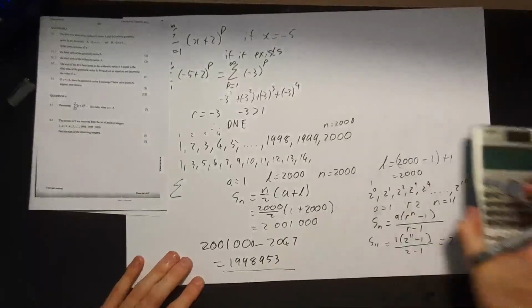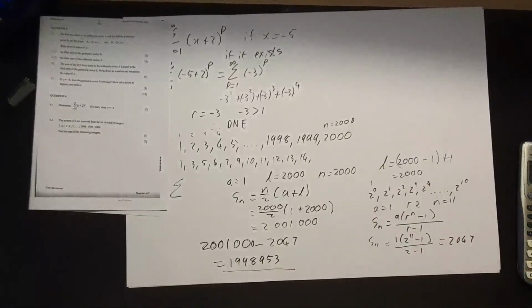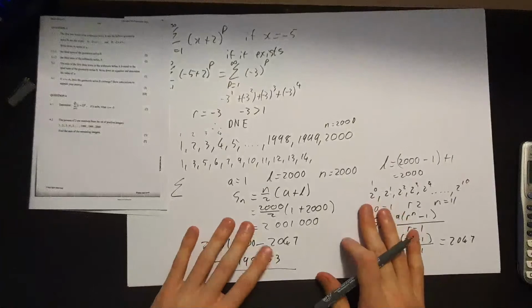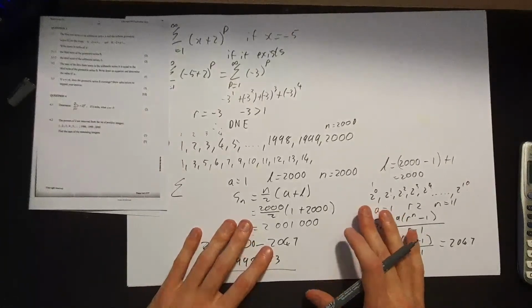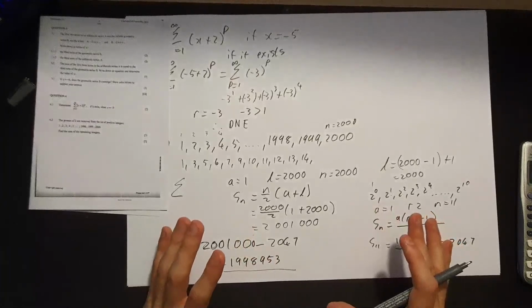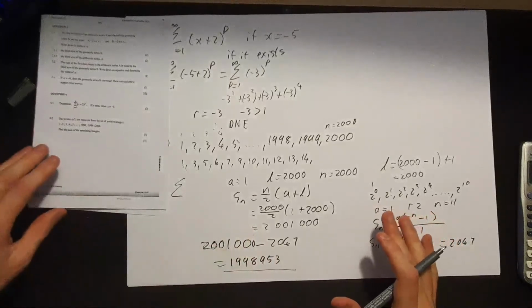So that's the sum of your integers up to 2000 if you take out all the powers of 2. Any questions regarding this question? Or do you have any other questions on sequences and series from another paper that you want me to go through?